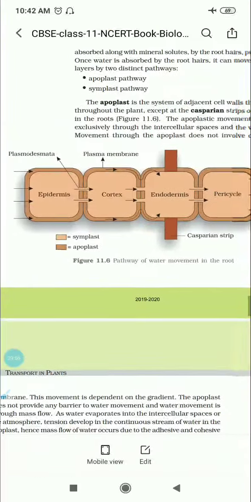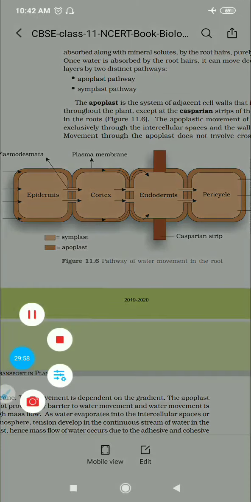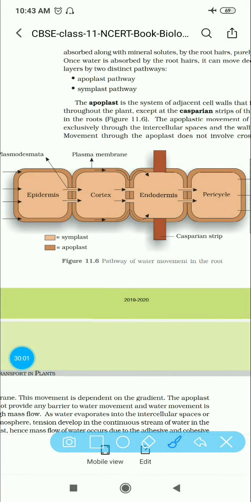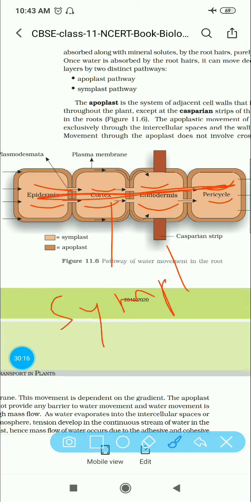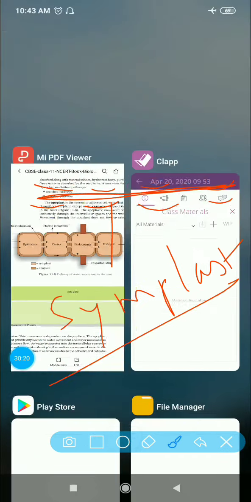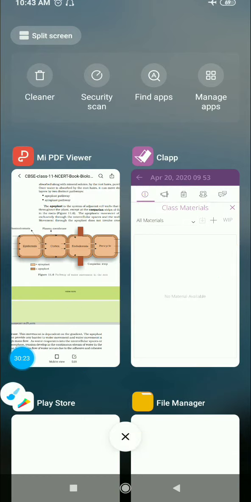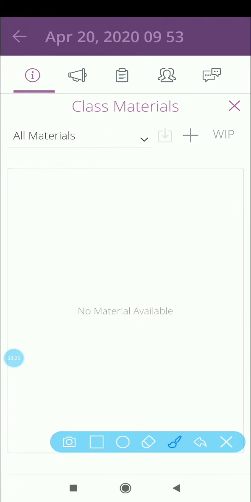So I will just again explain the diagram. If you can see this part, the movement happening inside the cell, this entire part, is what we call movement through the cell membrane. And this red line is representing the symplast. So in the symplast, the movement is inside the cell.